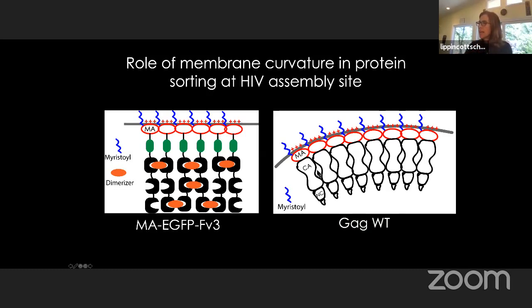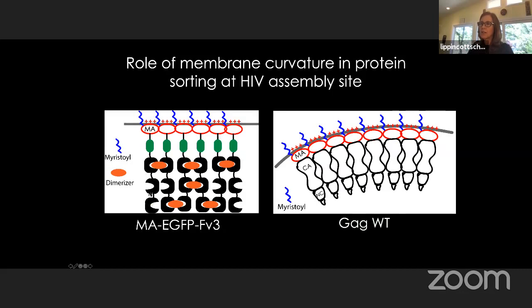So the CA domain of GAG, as it multimerizes, actually puts a curvature to the membrane that it is associated with. So what we did is we got rid of this CA domain, so there's no curvature, and we replaced it instead with proteins that don't curve, essentially an EGFP that has EGFPs tagged to a dimerizing protein.